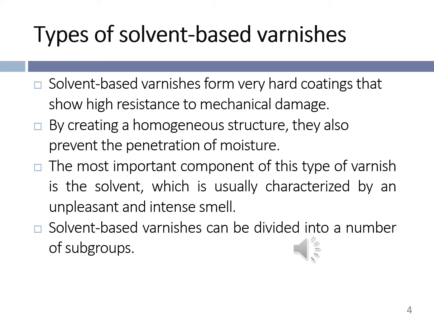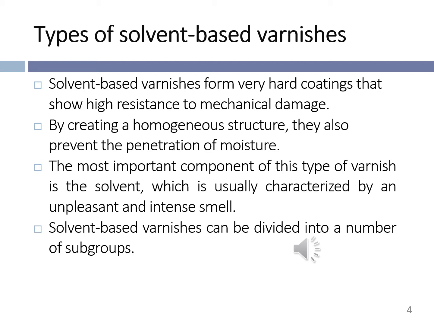The most important component of this type of varnish is the solvent, which is usually characterized by an unpleasant and intense smell. The solvent-based varnishes are formed from the solvent.